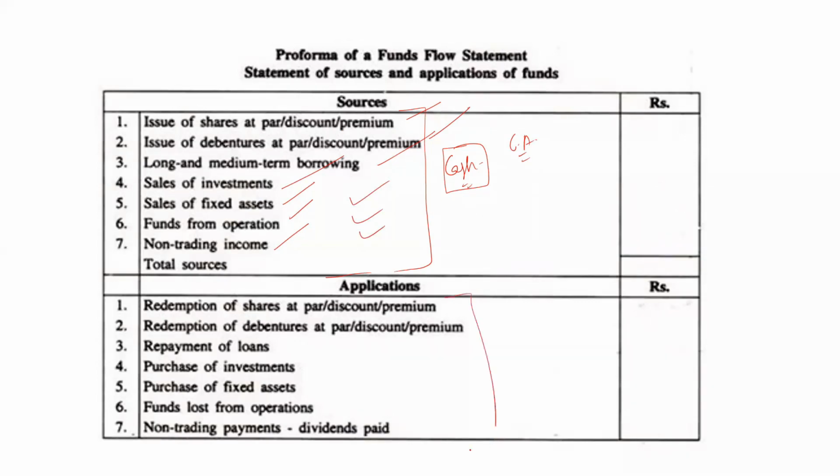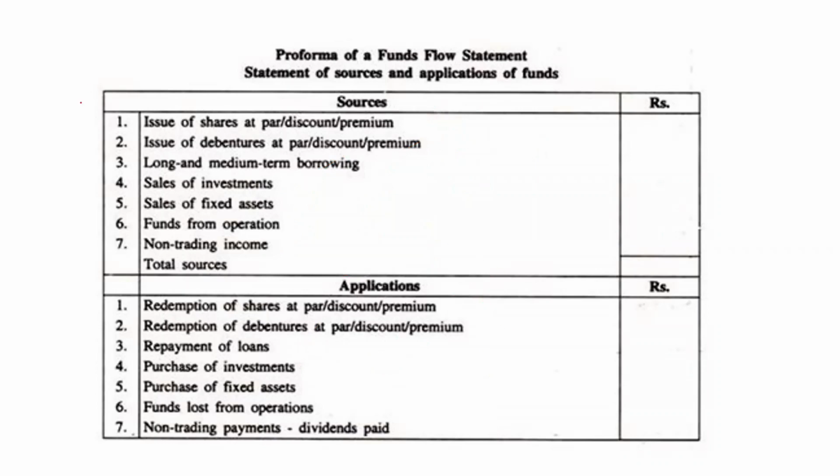In the same way, in case of applications, you have to pay funds. For redemption of share, redemption of debenture, repayment of loan, purchase of investment, purchase of fixed asset, you have to pay the money. So on one side of the transaction you have a non-current asset or liability, and on the other side you are paying the money, that is current asset.